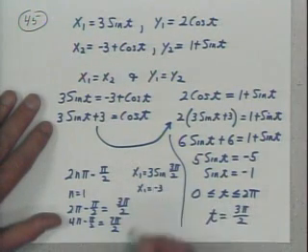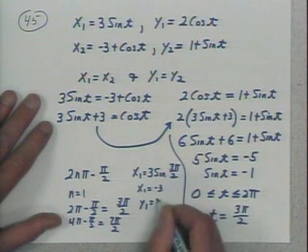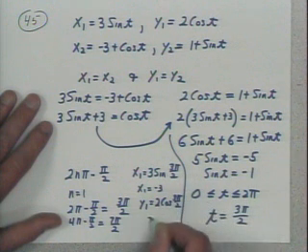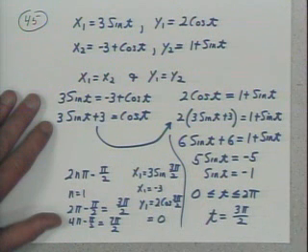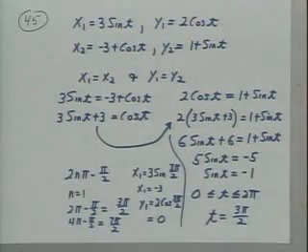Isn't that minus 3? And y is going to be 2 cosine 3 pi over 2, which is 0. So where's the collision point? Minus 3, 0.